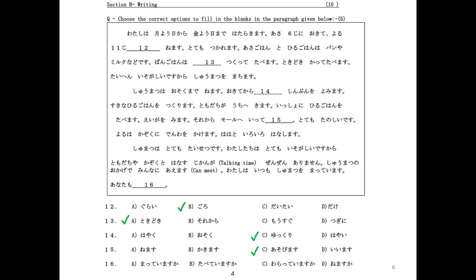The correct answer is 待っていますか? Are you also waiting for the weekend? Which is option A. Now let us go to the next question.